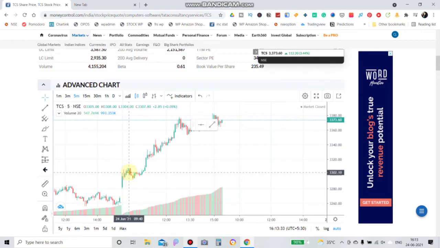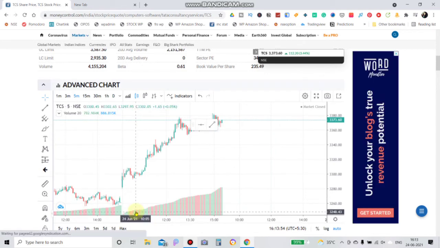So the drop, you can see whether it has dropped during the bearish side. It has not dropped, and there is no very big movement either. Then again it is going up for this green side, bullish side.